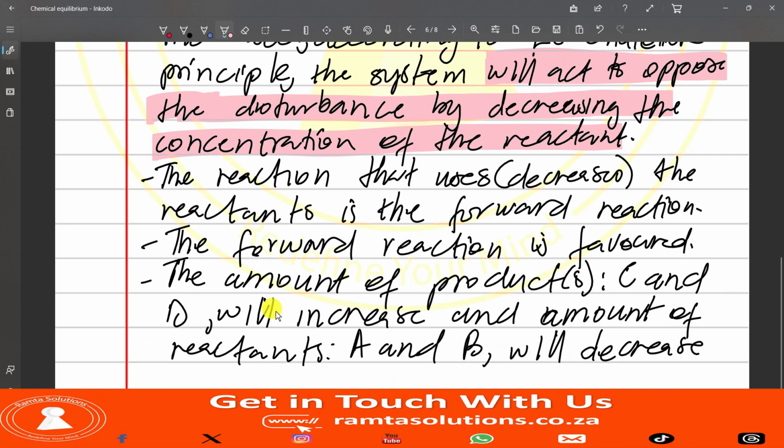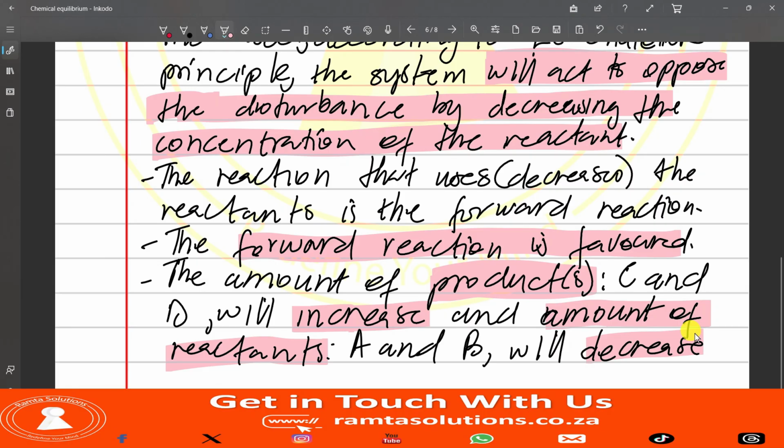When this happens, the forward reaction is favored. Why? Because the forward reaction uses the reactant. The forward reaction is favored, and then the amount of products increases while the amount of reactants decreases.